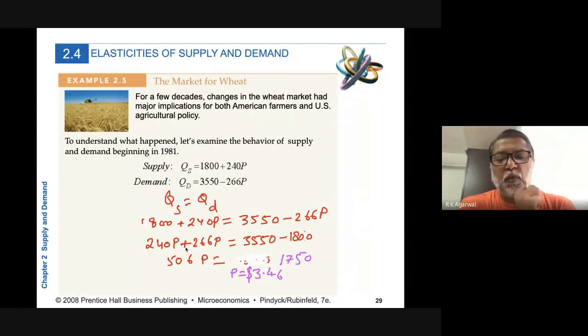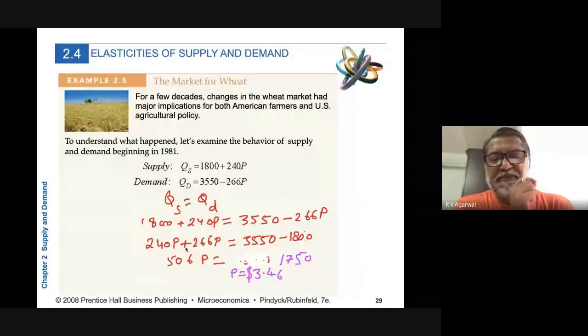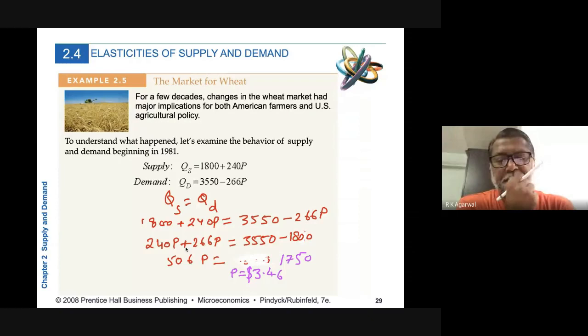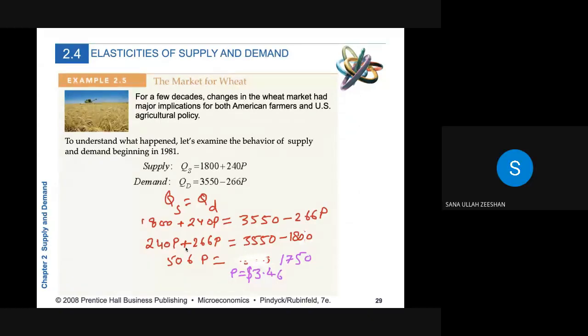Now, what will be the equilibrium demand and equilibrium supply? How will we know that? We substitute the value of P in the equation.